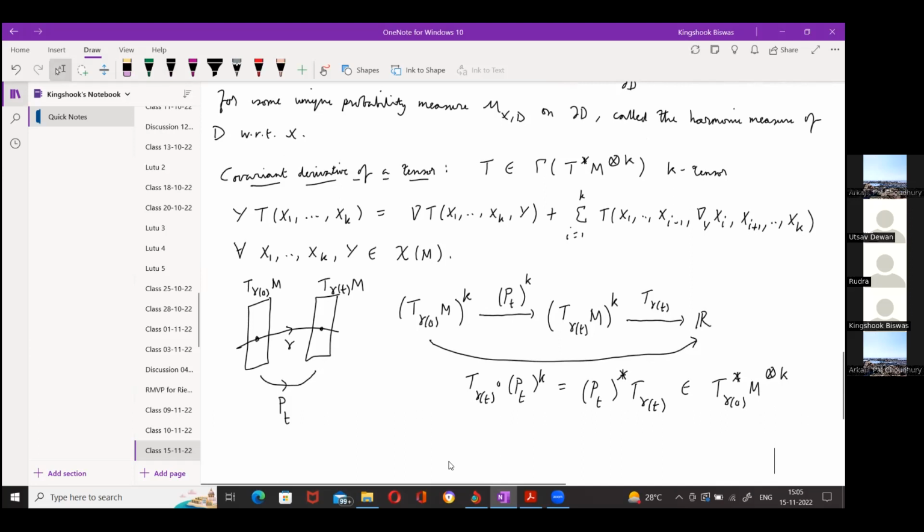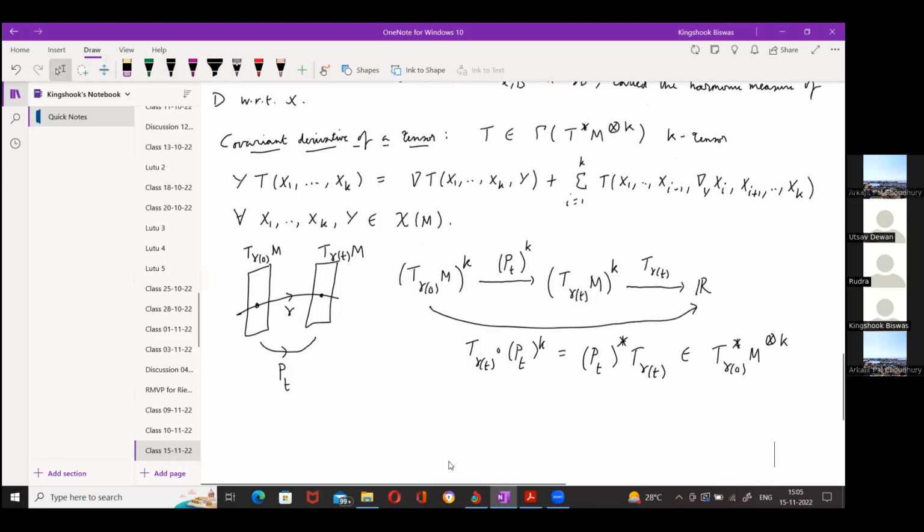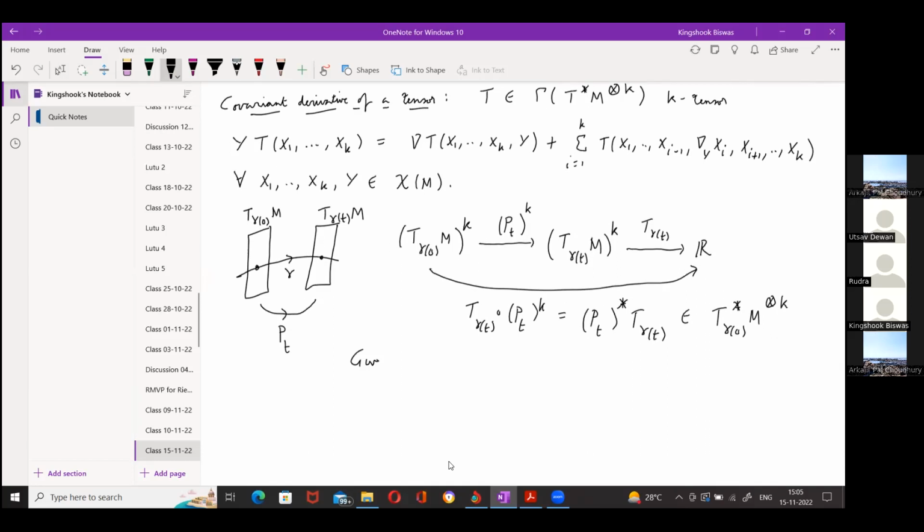Now we can define. Given Y a vector field such that Y at p equals gamma prime 0, where p is gamma 0, you define a k tensor which would be the directional derivative of the tensor T in the direction of Y, the covariant derivative.